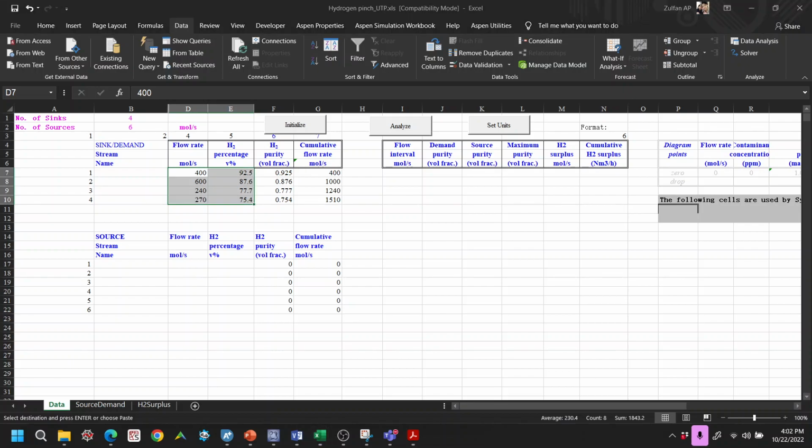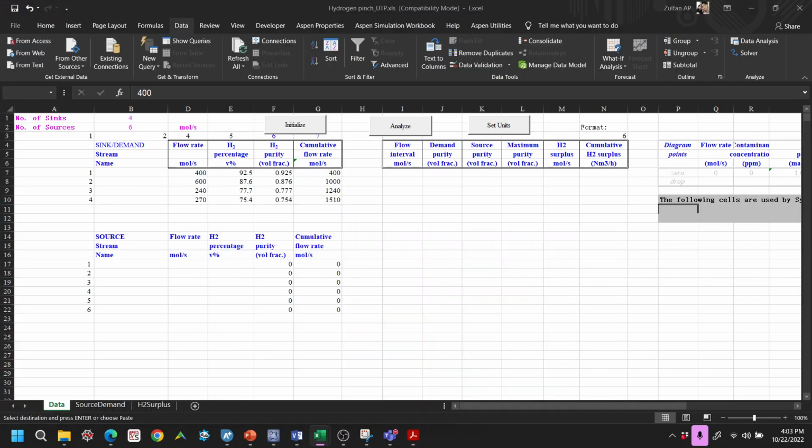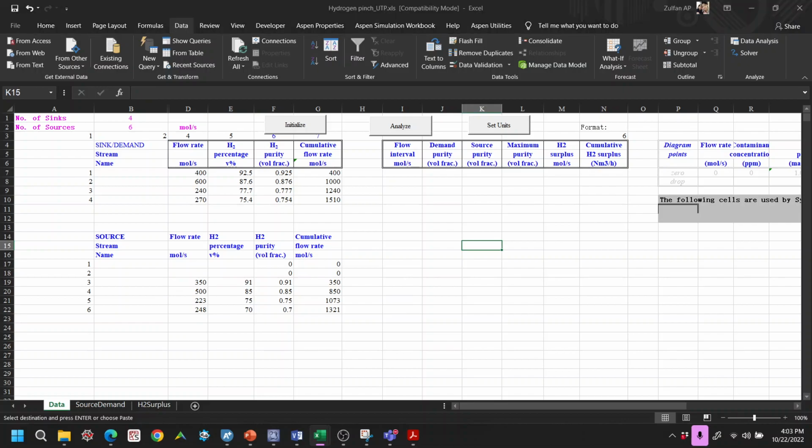Hydrogen pinch. Not this one. One minute, I'm clicking too many. Hydrogen pinch, oh, this one. It's more like an iterative process in this case. So I have here the existing users, if you can tell.